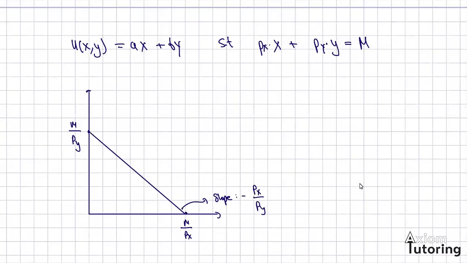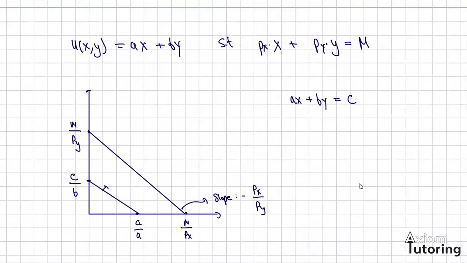Now think about the indifference curve, which is Ax plus By equal to some constant C. If x is 0, then the intercept here is going to be C divided by B. Here it's going to be C divided by A, so it's going to be a linear indifference curve.